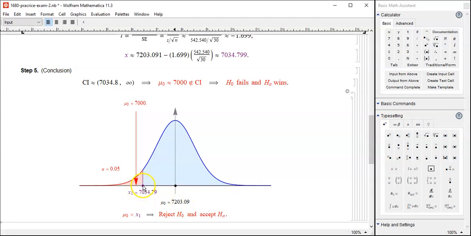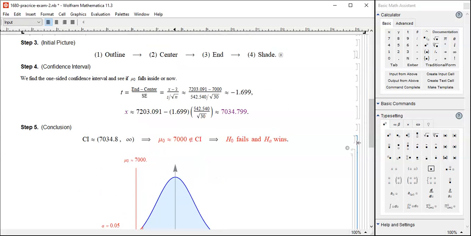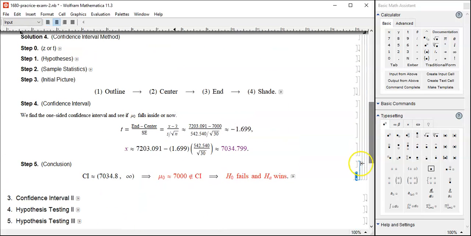So it's here, and where is 7,000? It falls over here. This method is pretty much identical to the first method, except that it is centered at the observed mean and the null is floating around. So it's kind of weird, but it has its own advantage.